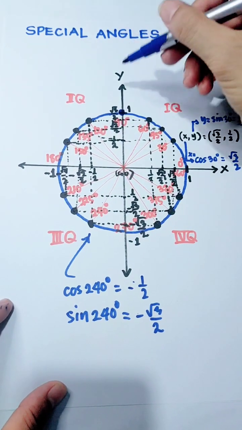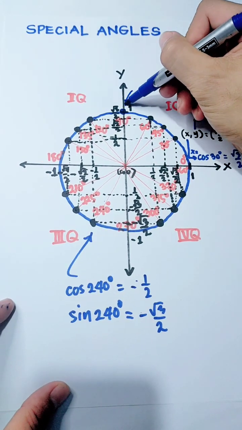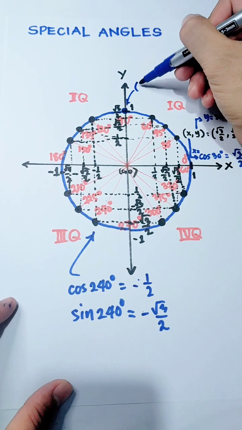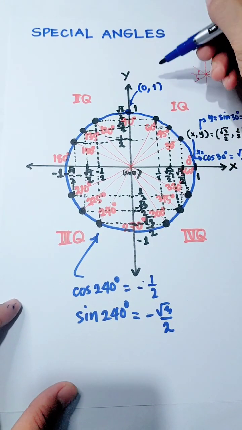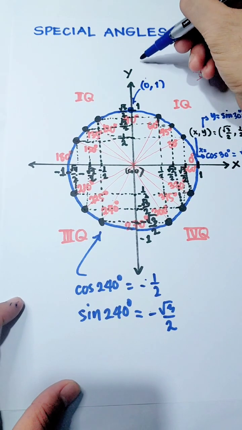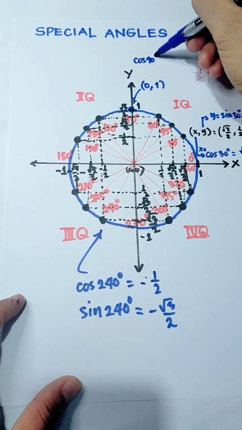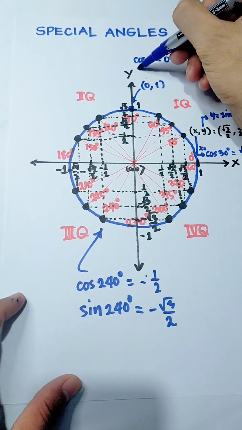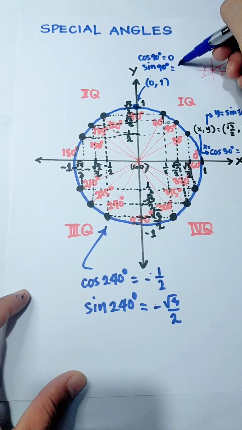For the 90 degree angle, the x is 0 and the y is 1. So that means the cosine of 90 degrees is 0 and the sine of 90 degrees is 1.